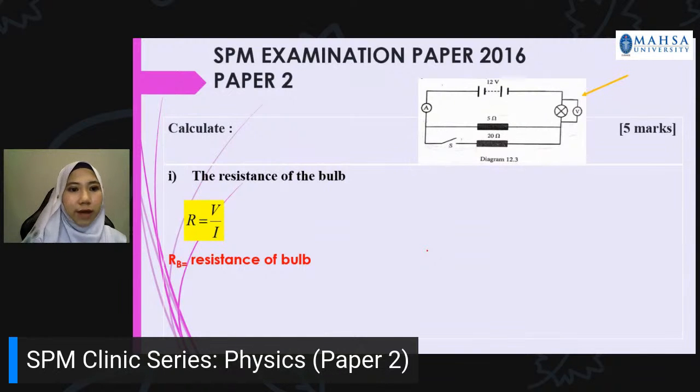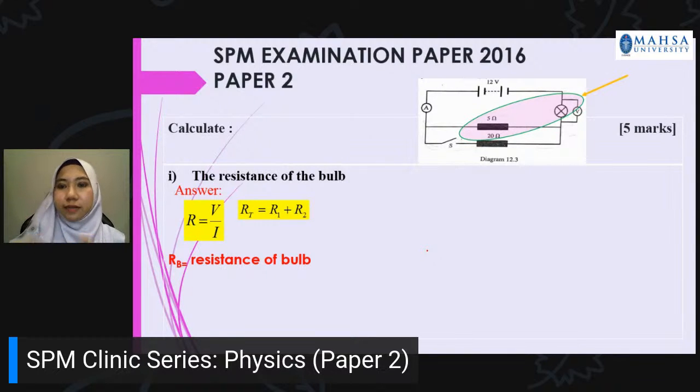So let's look at the question here. You have a question to calculate the resistance of the bulb. Let's look at the circuit first. I circle the 5 ohm resistance of the resistor.